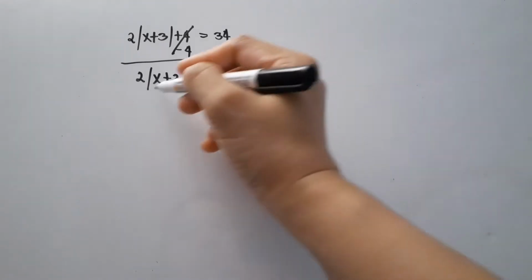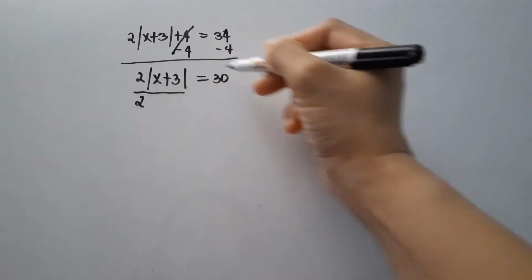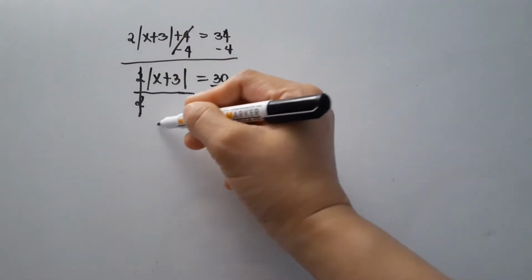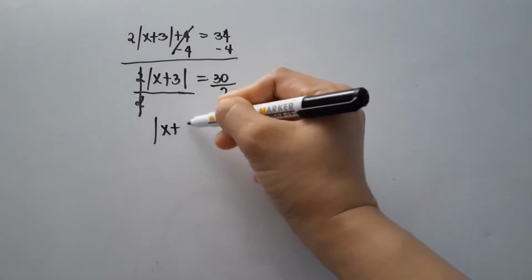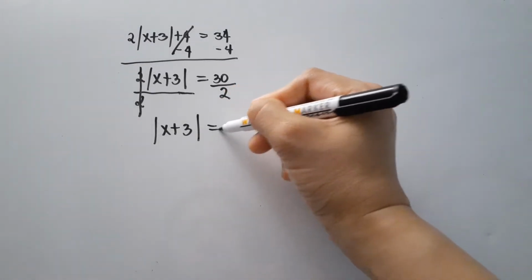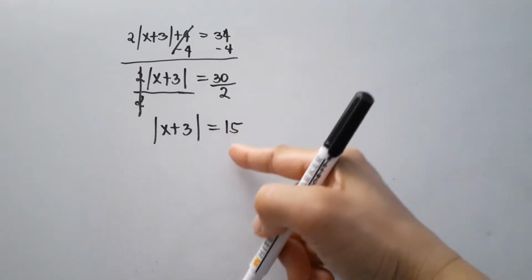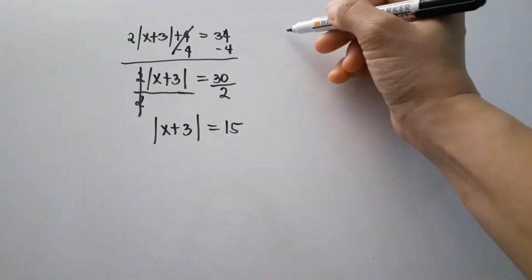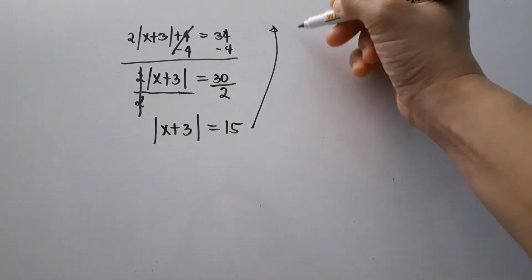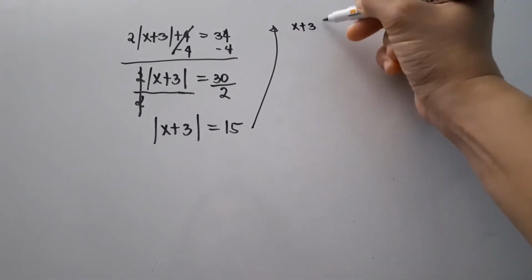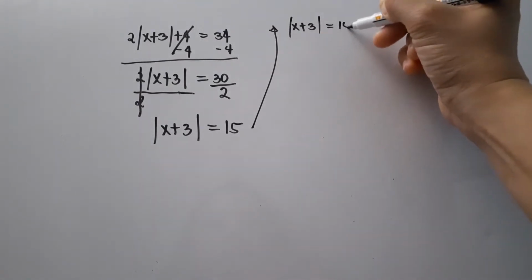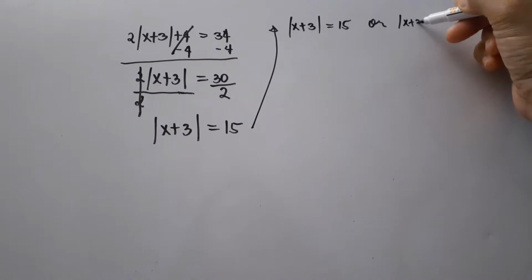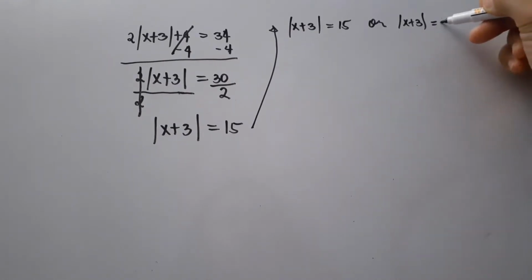Then we divide each side by 2 so that we remove the number outside the absolute value. The remaining is the absolute value of x + 3 is equal to 15. Then we start to solve by using positive or negative: x + 3 is equal to 15, or x + 3 is equal to negative 15.